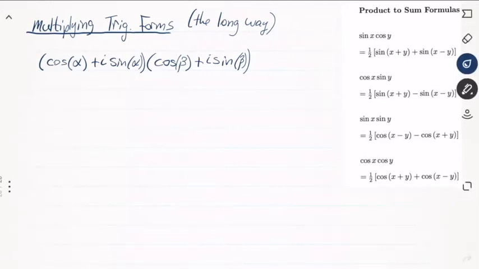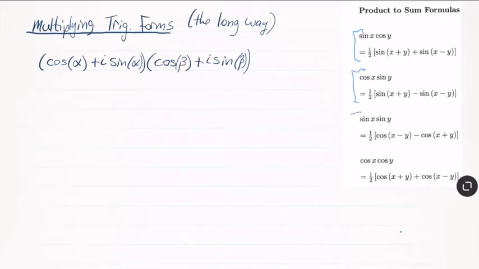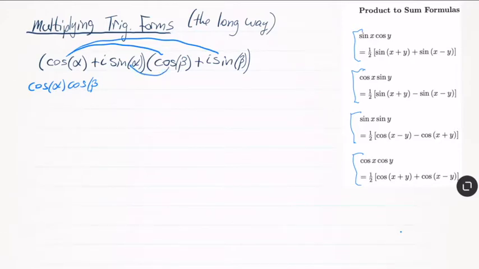So the first thing we're going to do here is we're going to be using a lot of these product to sum formulas that I have over here to the right-hand side. So, they go together like this. I just couldn't fit them all in one line. I stole it from the final exam formula sheet for 171. So when we FOIL this out, we're going to get cosine of alpha cosine of beta, multiplying the first. And then we're going to do the outer, which will be cosine of alpha times i sine of beta, and the inner, which will be just reversing the letters.